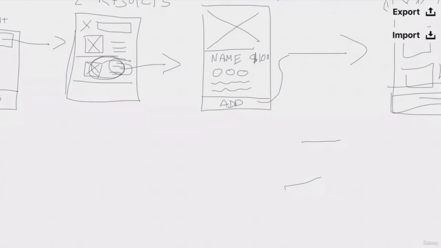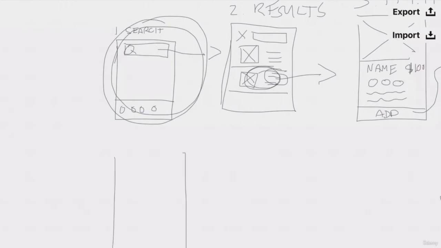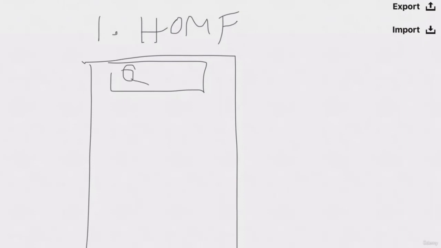Let's think about different alternate flows. What we know here is that we made the assumption that they're going to come in and click that search bar. But there are other ways to actually find a product. And this is where we can start thinking about other ways to make this process a little bit easier. So we'll label this 1 and we'll just call this home. But what happens if we really think about placing products strategically there? Products for our user.